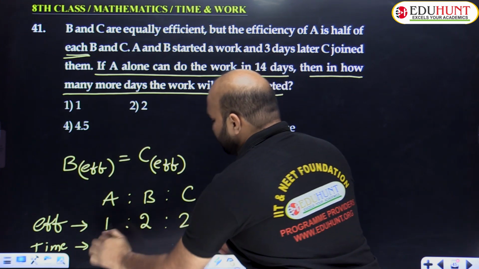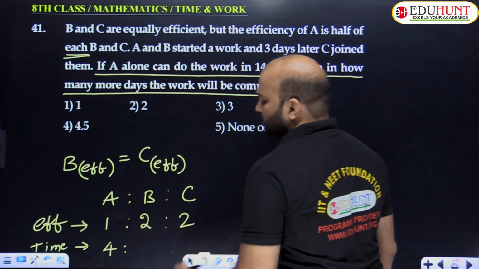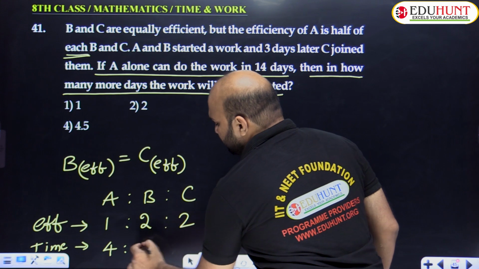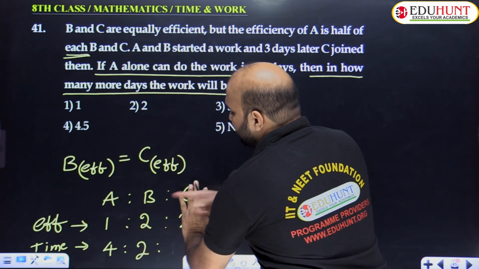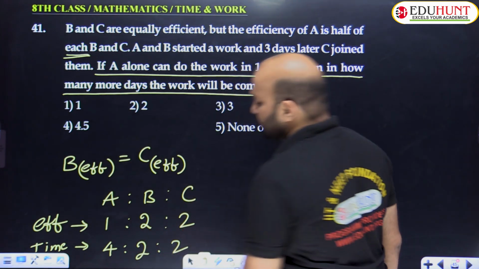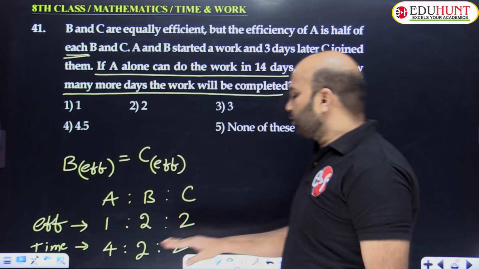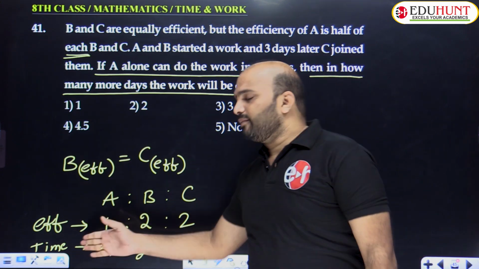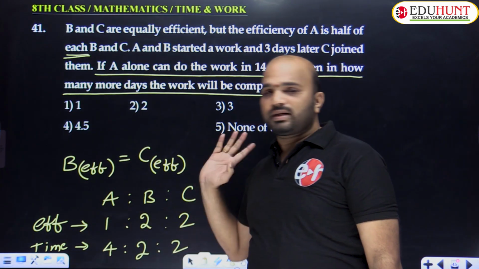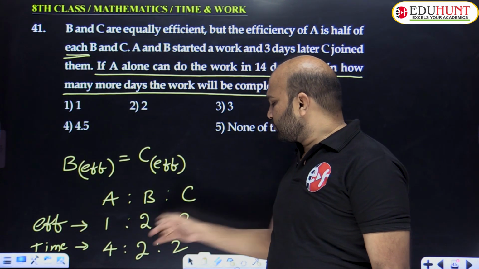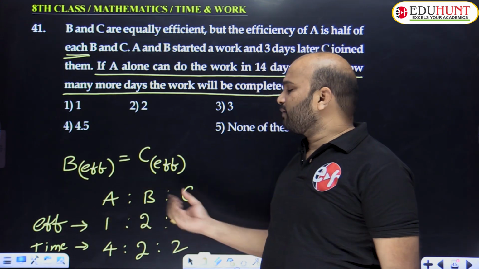A is BC, 2 into 2 is 4. B is AC, 1 into 2 is 2, and C is AB, 1 into 2 is 2. That is the time ratio. So what time ratio am I getting? 4:2:2. How do we convert it into time? Time is inversely proportional to efficiency. So the efficiency ratio is 1:2:2, and the time ratio is the inverse ratio of A, B, C.